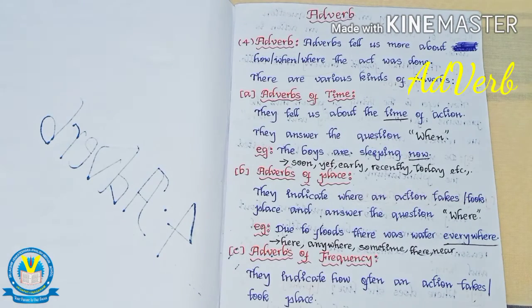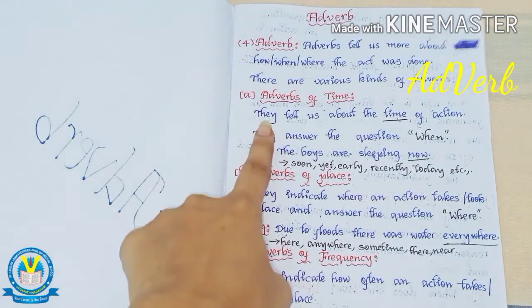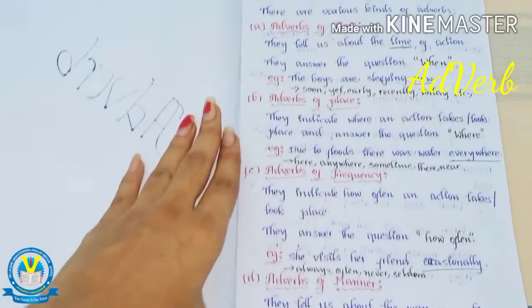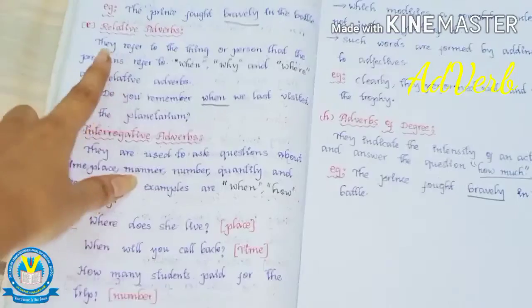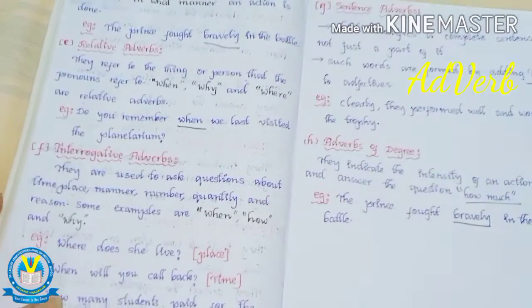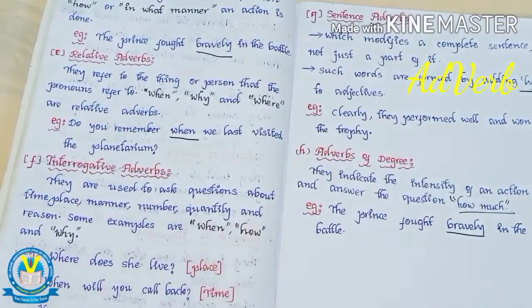So children, now I am giving the final summary about adverbs. We discussed the types of adverbs, and mainly what an adverb is: how the action was done, when the action was done and where the action was done. Clear, children? We also discussed the kinds of adverbs: adverbs of time, place, frequency, manner, relative adverbs, interrogative adverbs, sentence adverbs and adverbs of degree.